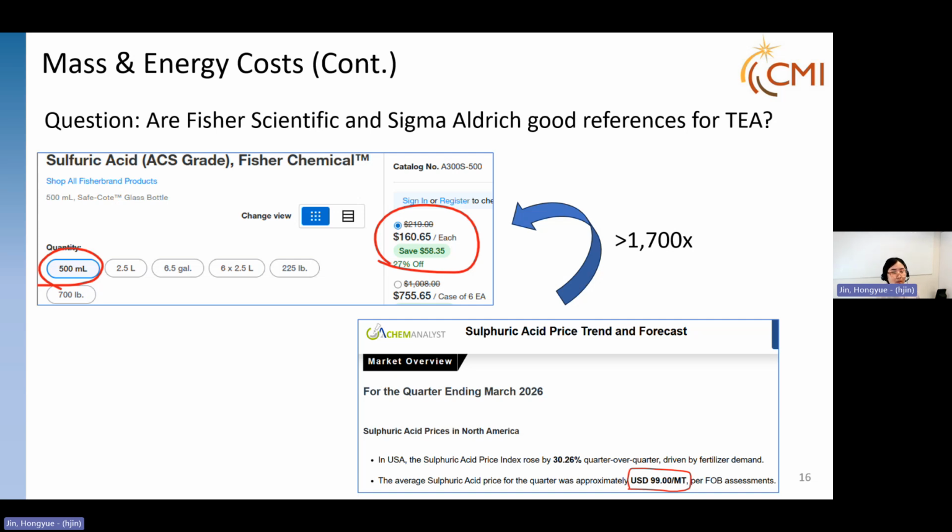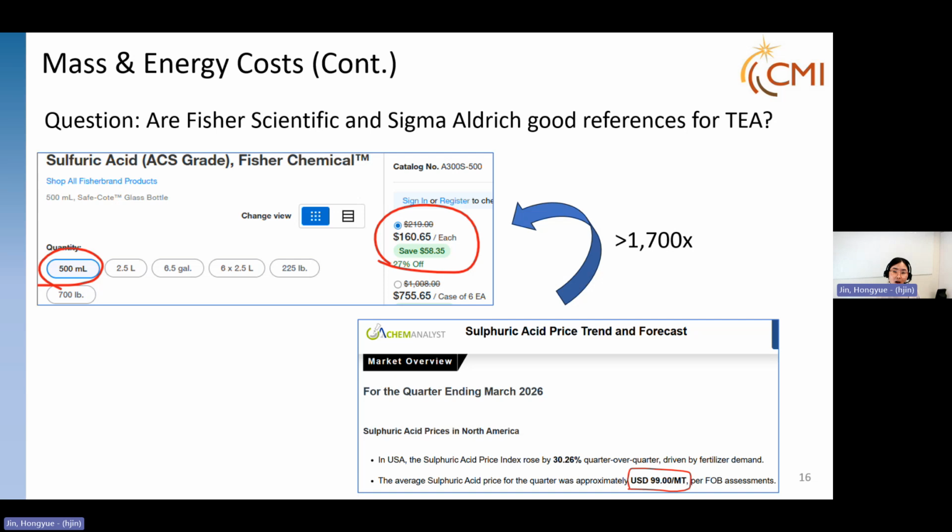I still see papers in very high-end journals use this approach and conclude the technology is not profitable. We don't want to do that. We want to use more of a bulk pricing, purchasing pricing, rather than using retail lab scale cost data.